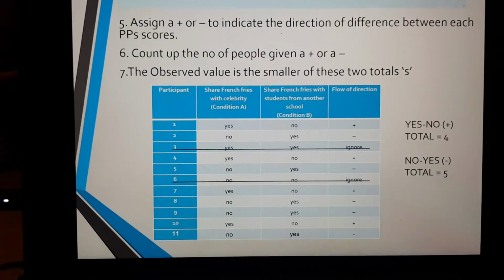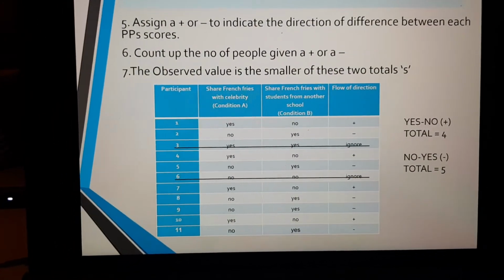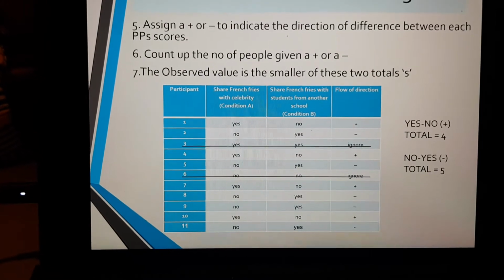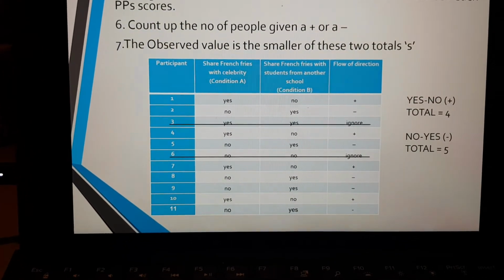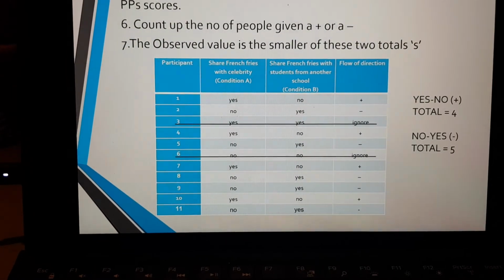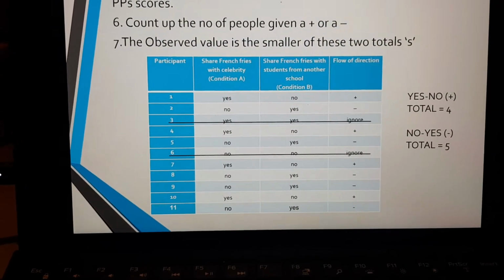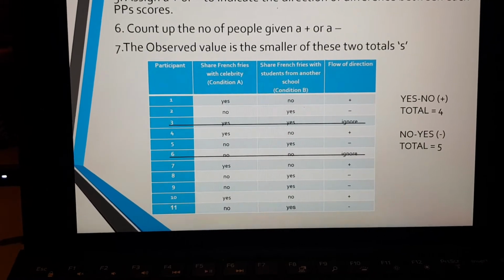So what you then do, point 5, is that you have to allocate what's known as a direction of flow. Okay, so you're adding in a sort of 4th or a 3rd column, and you're assigning a plus or a minus.